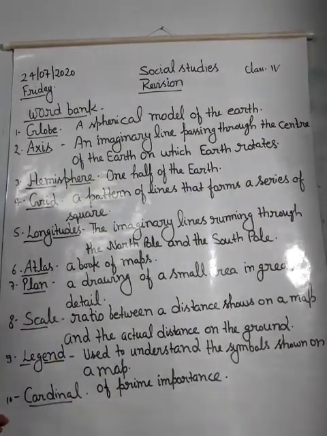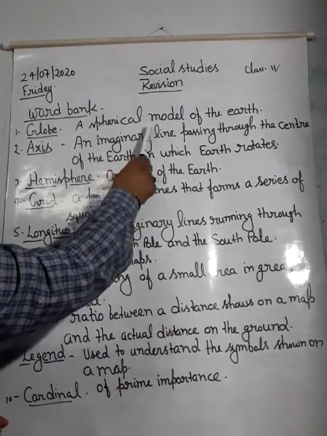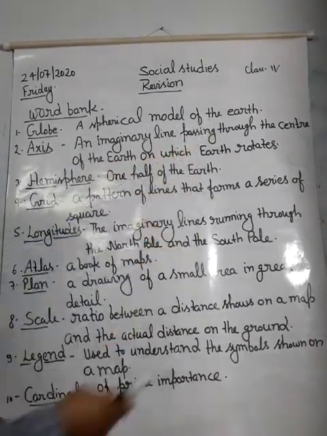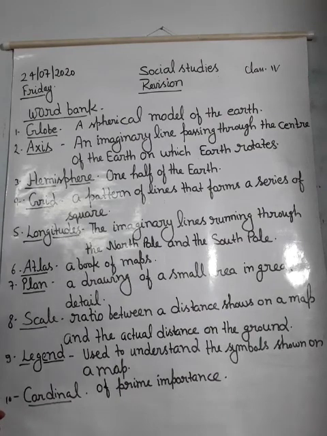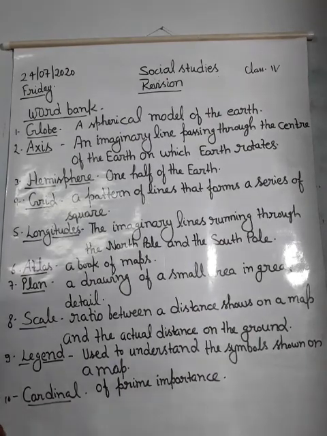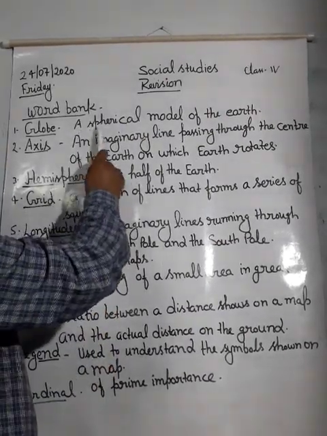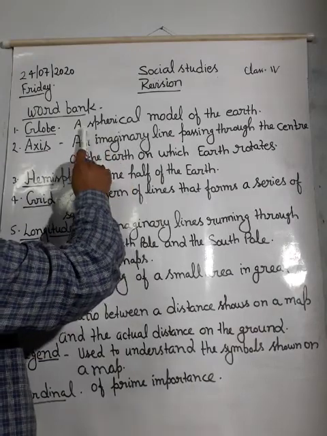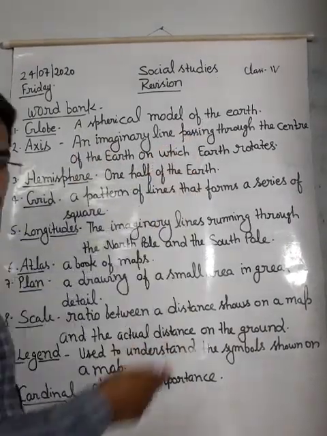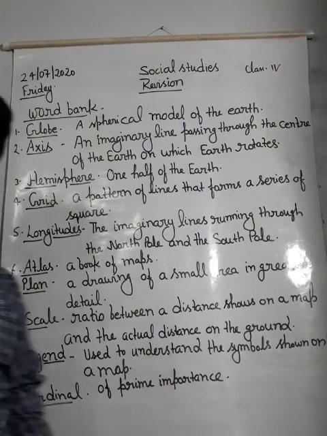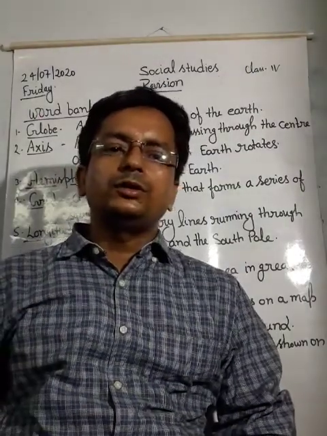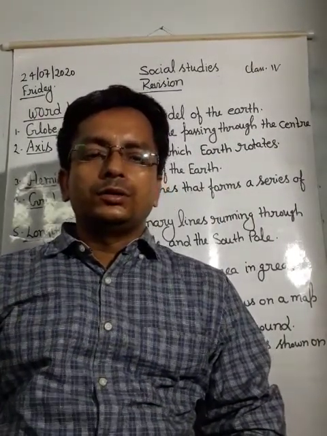What is globe? A spherical model of the earth. Spherical, or you can say round or circle. The spherical model of the earth is called globe.